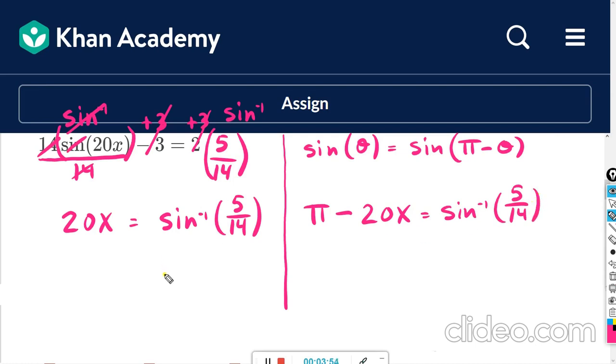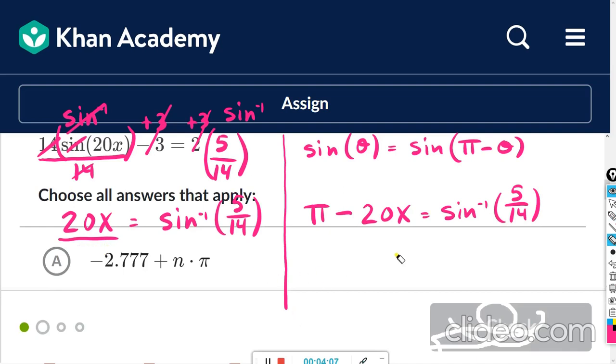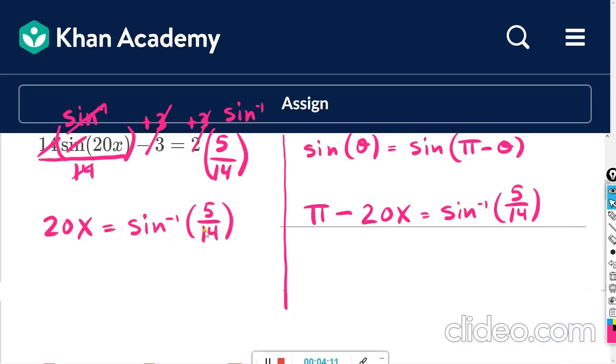So on the left hand side we're going to divide both sides by 20. In fact, let me get the number on the calculator first before I do that. So I'll do inverse sine of 5 divided by 14 on the calculator.